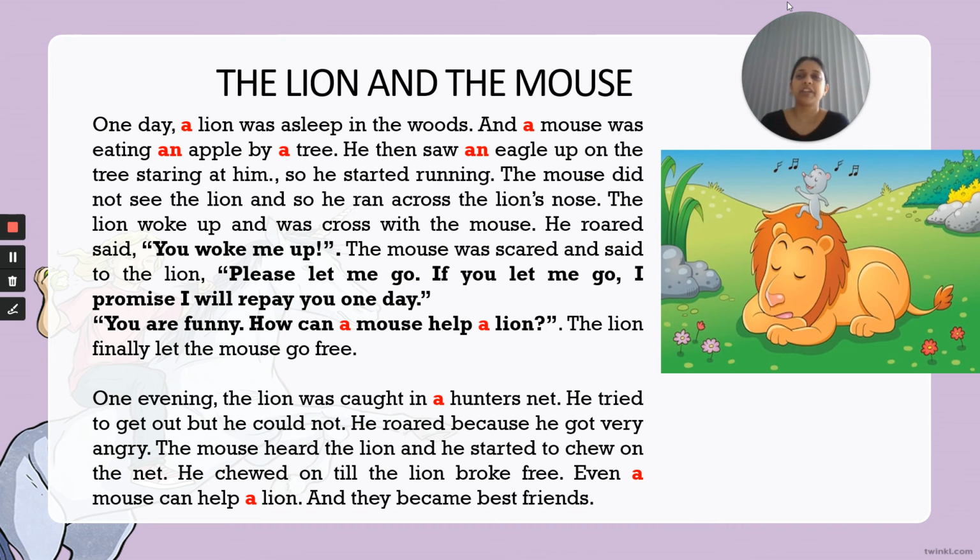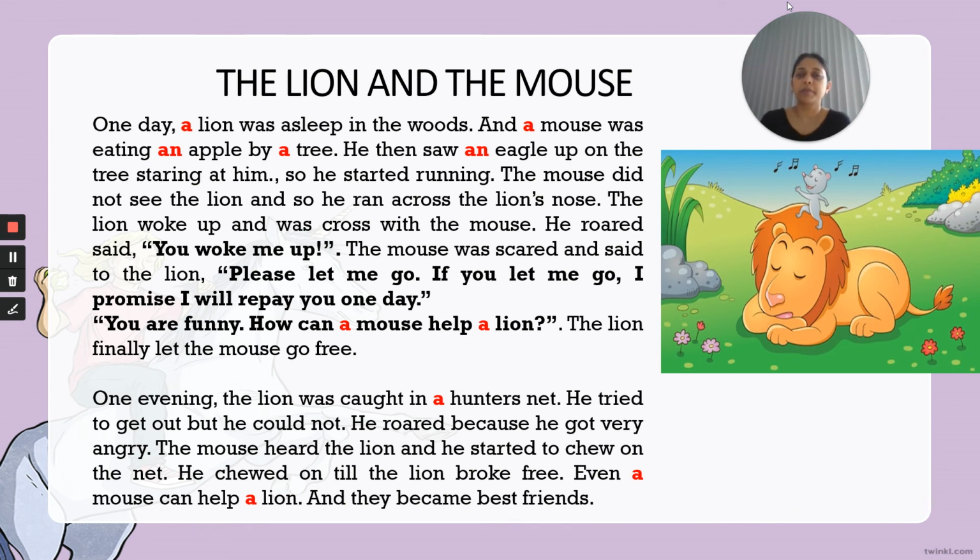Let's read it. One day, a lion was asleep in the woods, and a mouse was eating an apple by a tree. He then saw an eagle up on the tree staring at him. So he started running. The mouse did not see the lion, and so he ran across the lion's nose.